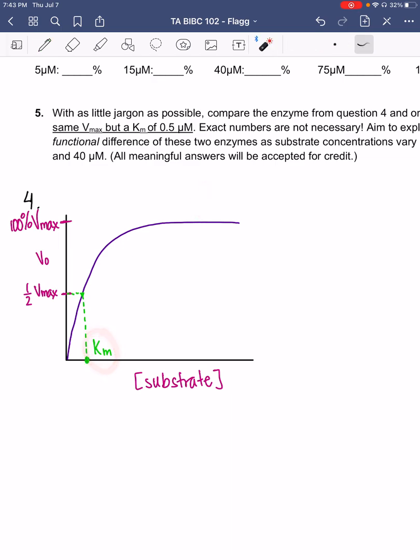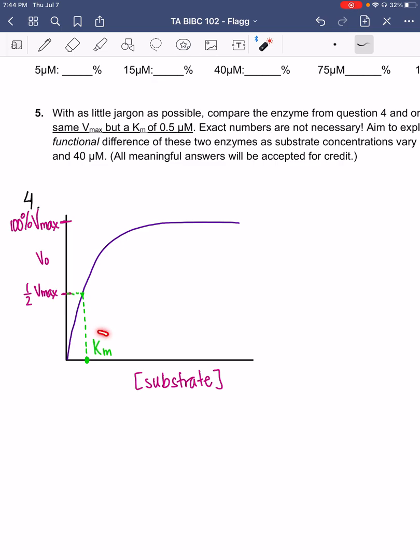Km is an intrinsic factor of the enzyme, meaning that only this enzyme has this Km for its specific substrate. And we as scientists in the lab cannot change the Km of this enzyme unless we physically modify the enzyme, or engineer the enzyme.